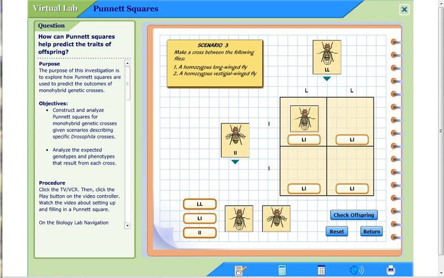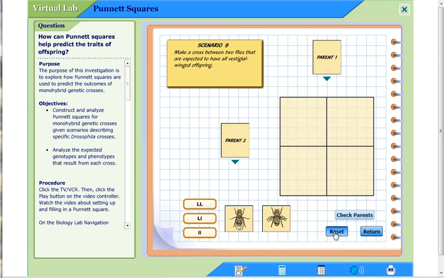If they have even one allele for a dominant trait, unless it's one of the special situations, it's going to show that as its phenotype. Phenotype is what they look like. Genotype are these actual alleles. So now let's check. Yay, I did it.